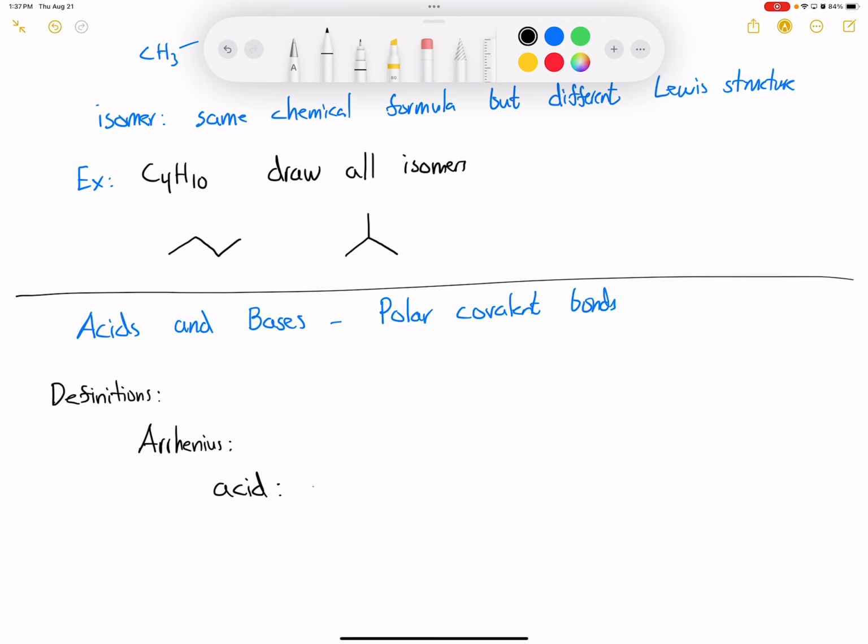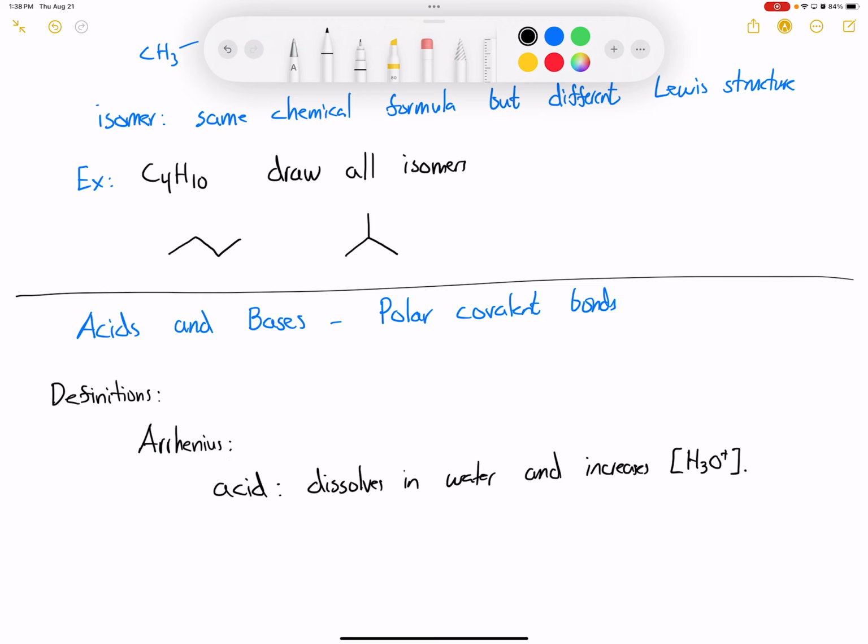So it dissolves in water and increases this concentration. You can write H+ or H3O+. I will use these two interchangeably, okay? So it dissolves in water and this concentration increases, so it drives the pH down.